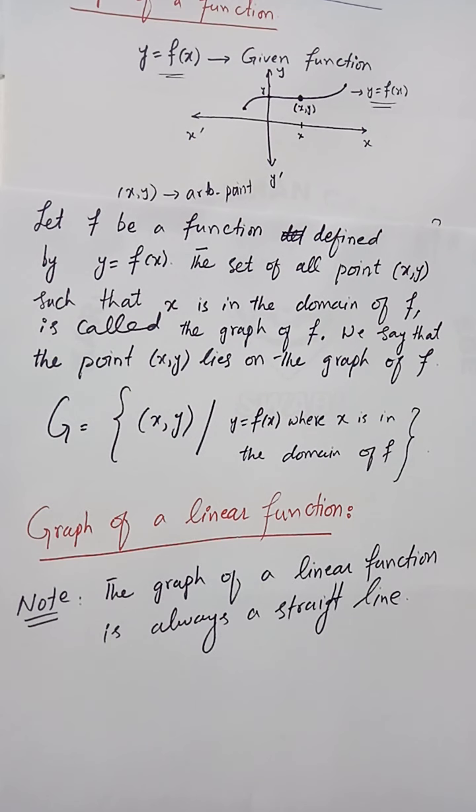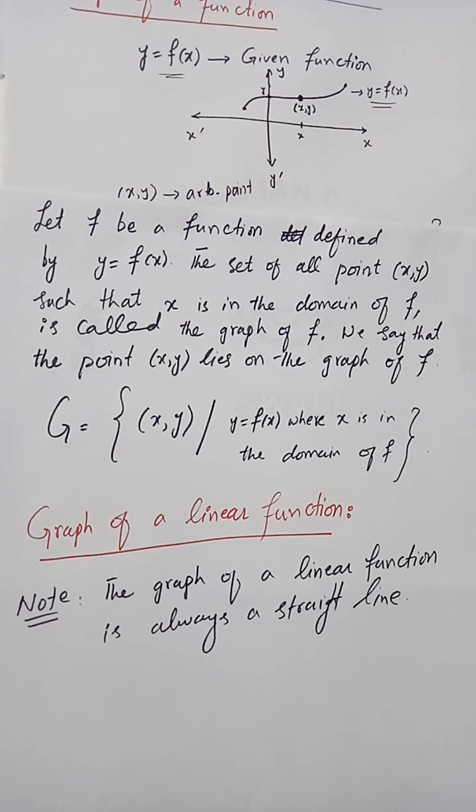So you must remember the shape of the given function, because if you didn't know the shape, it becomes almost impossible, as you would need to draw all the points which lie on that graph, meaning all the points which make the curve. So that's why it is the most important point in this topic: when you are drawing the graph of a function, you must know the shape of that curve.